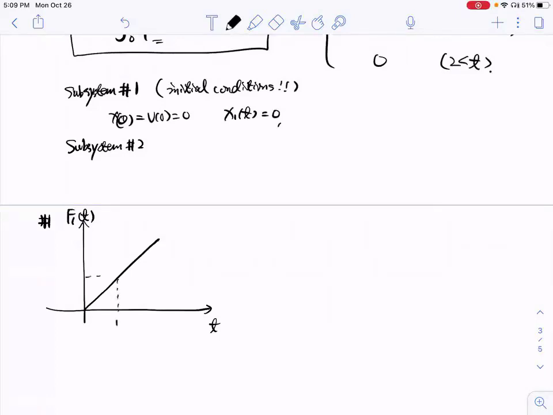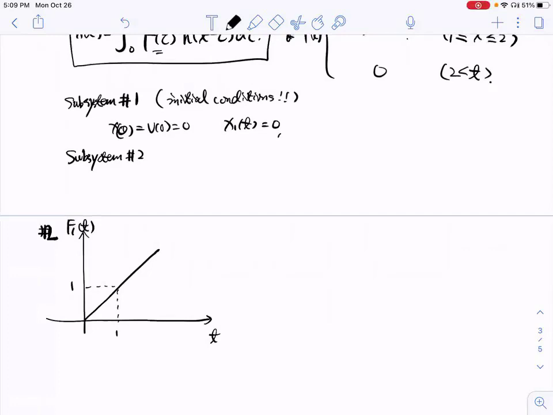That is 1 second, that is 1. So your subsystem number 2, or F1, is directly a slope. That means for this subsystem, we have x double dot plus 4 x dot plus 16x equals t, right? That's your subsystem number 2.